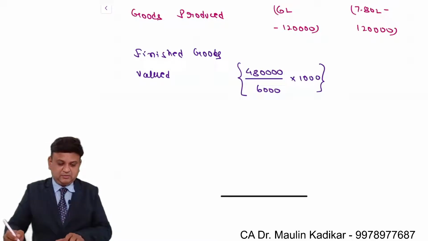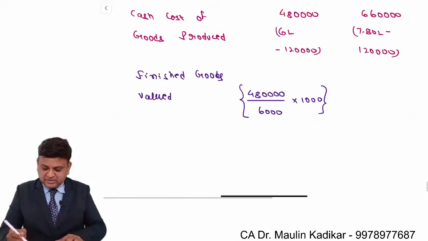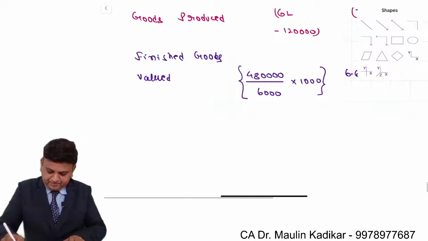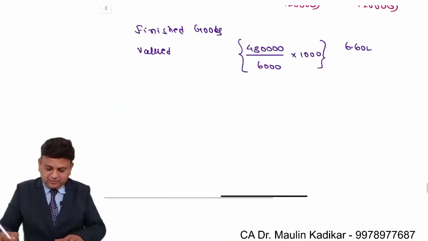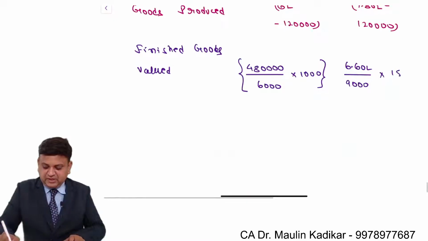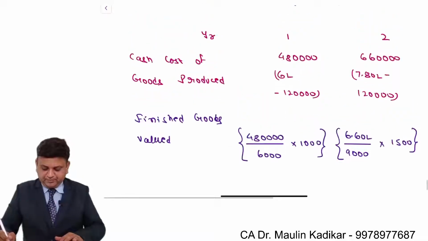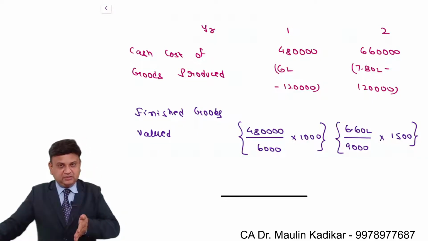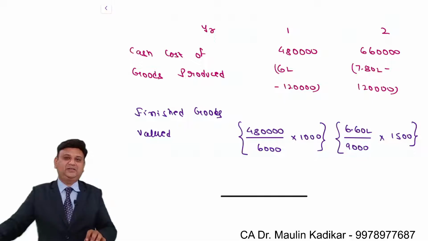In the second year, it is 6,60,000 divided by production of 9,000 units and the closing stock is 1,500 units. This is the way the closing stock of finished goods is valued at the end of the first year and at the end of the second year.